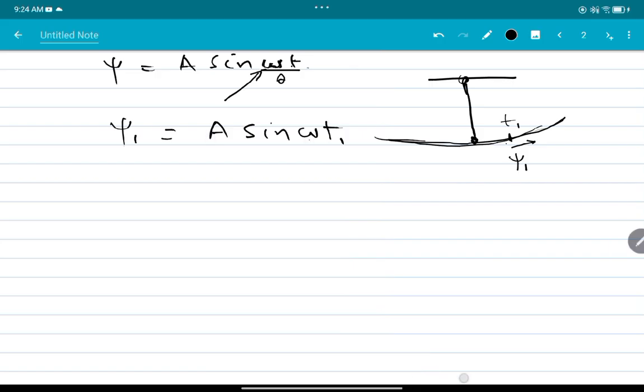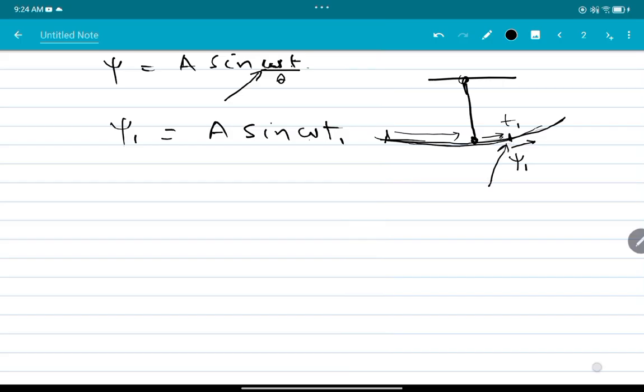Now you have this situation. Suppose then the bob goes there, comes back, passes through this, goes towards the negative side, comes back from the negative side and passes through the origin. When it passes again through this position, its displacement repeats.